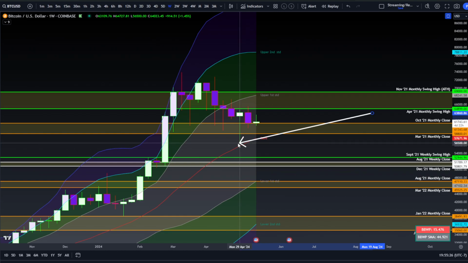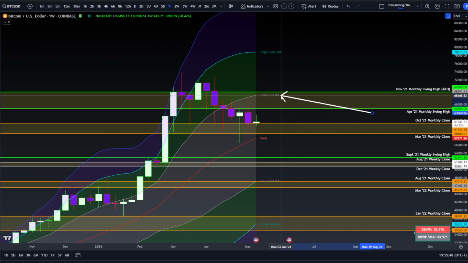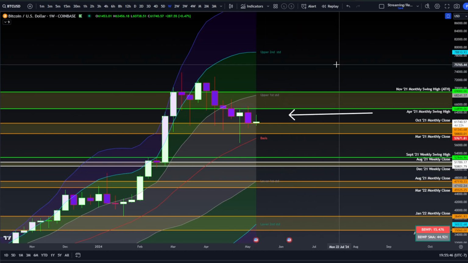Any closures below it that lose the wick low at 56,500 would be a problem, targeting this next support area at $53,000 to $50,000. And of course the $68,000 to $70,000 area is the weekly upper first. So to the upside, if Bitcoin does start breaking the downtrend, especially on a daily close, that's the first primary area of resistance above, $65,500, $67,000 or so.